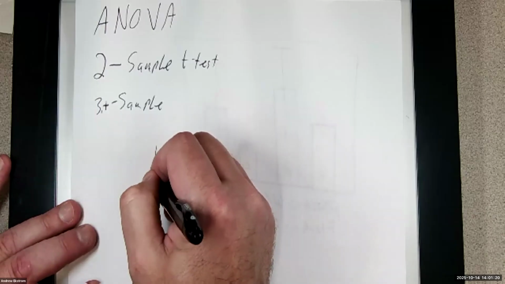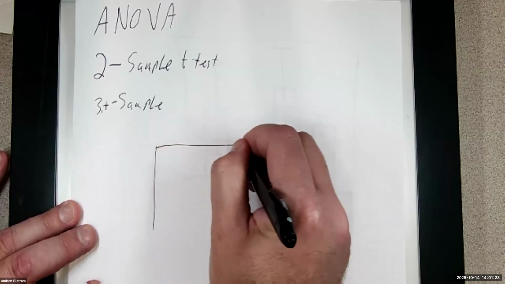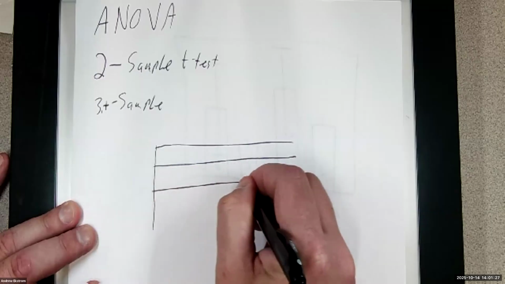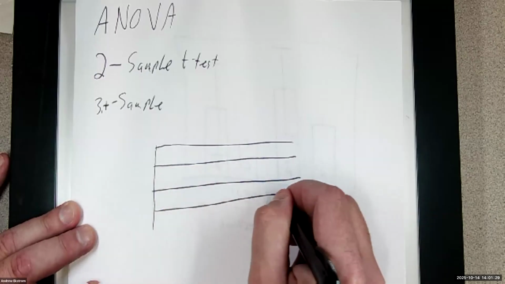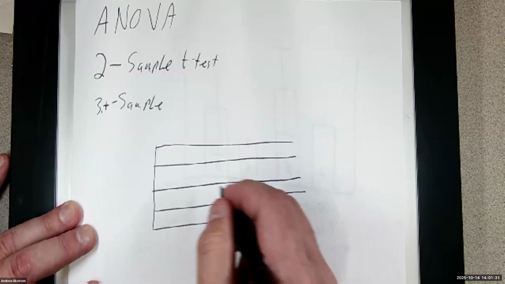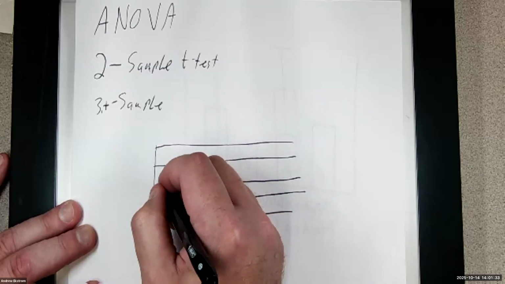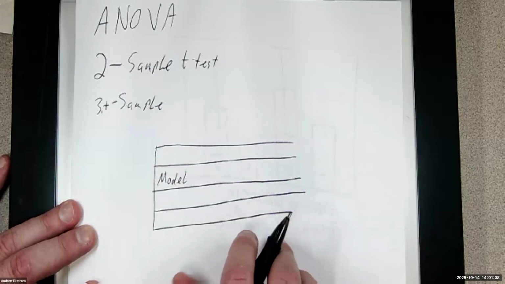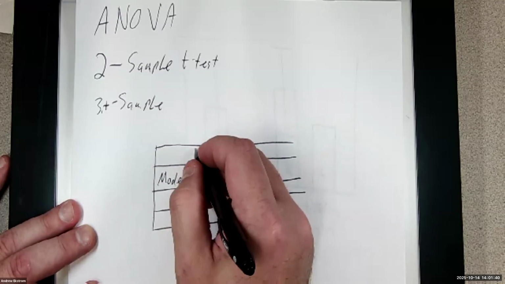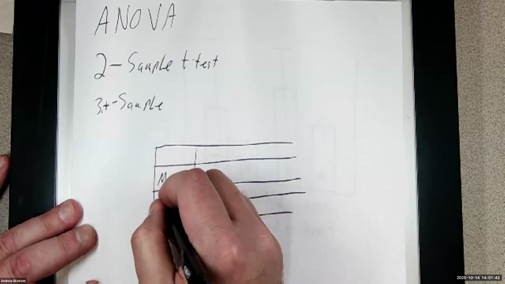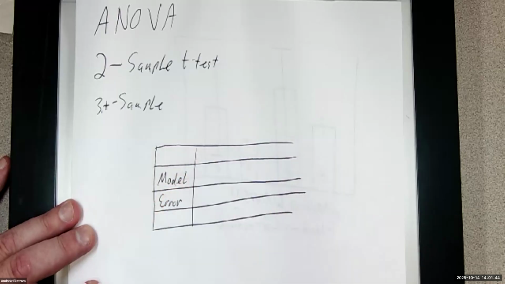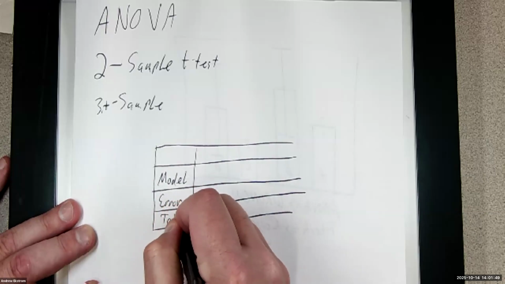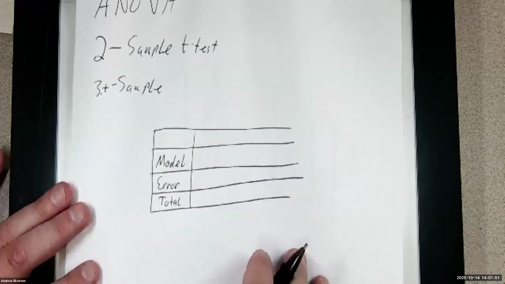one of the things that's going to happen is we're going to have an ANOVA table. Basically, we're going to have a row for what we're going to call a model, a row for what we're going to call an error, and then there will be a total.